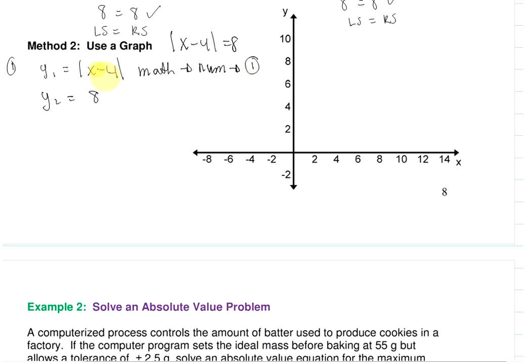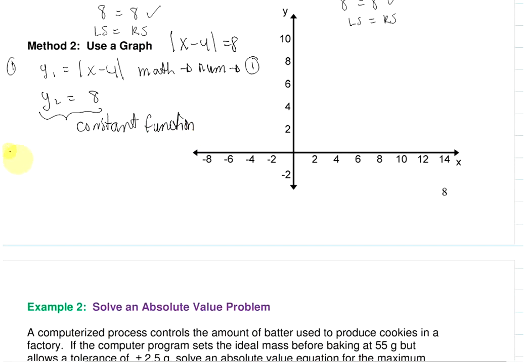That will give you the absolute value. When we have y2 equals 8, that means we have a constant function. That just means that y will always be 8. It actually makes it easy to graph this.